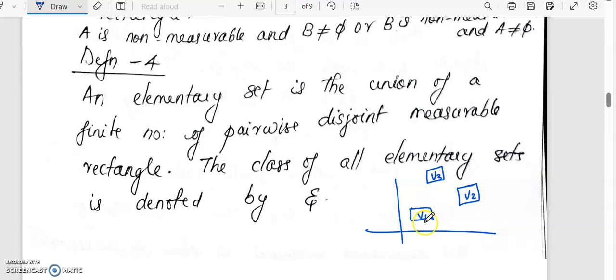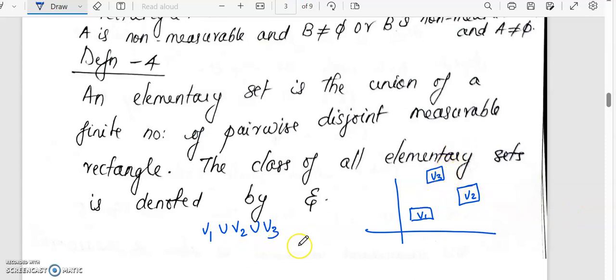So these are disjoint sets. V1 is a measurable rectangle, V2 is a measurable rectangle, V3 is a disjoint rectangle. So we can see that they are pairwise disjoint. So an elementary set is something of the form V1 union V2 union V3. So it is a union of a finite number of pairwise disjoint measurable rectangles.